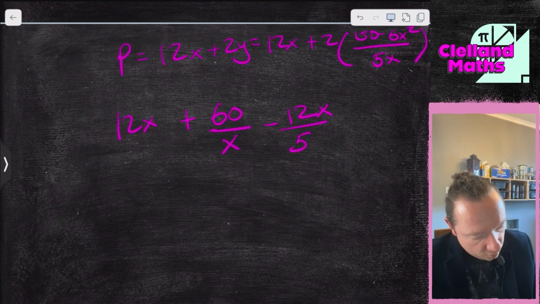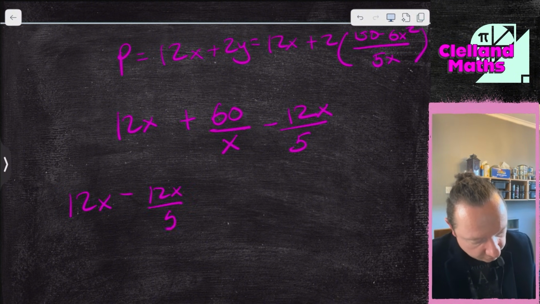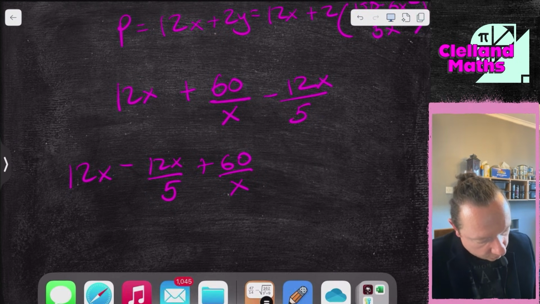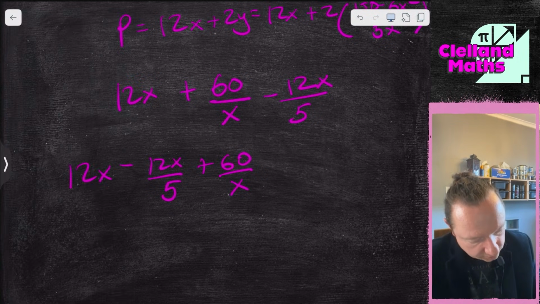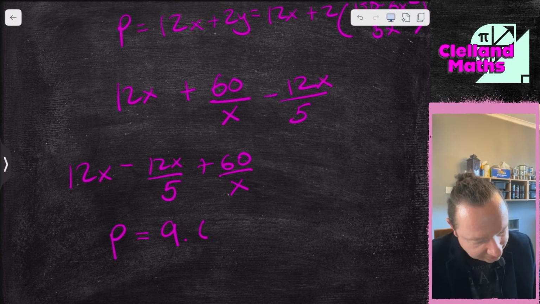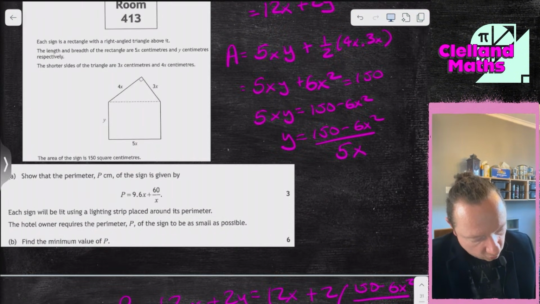So working that bit out, 12x minus 12x over 5 plus 60 over x. Now it had a decimal answer, so I'll just work it as a decimal. 12 minus 12 over 5. That's 9.6. So our perimeter is 9.6x plus 60 over x as required.